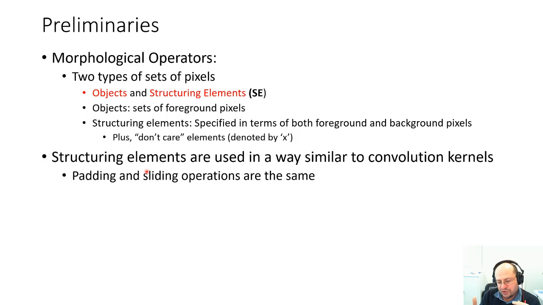We're not doing the convolutional operators. We're not turning the kernel 90 degrees, and we're not doing a convolutional operation of multiplication, sum of multiplications, anything. But we have to take into account the padding and sliding operations. So they are the same.